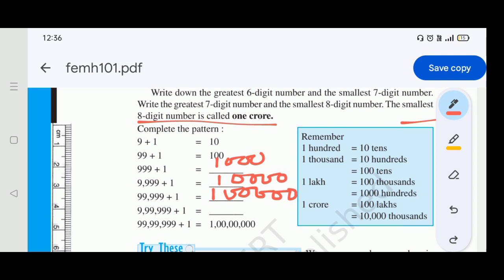Next, 9,99,999 plus 1 is 10 lakhs. Next is 99 lakhs 99,999 plus 1 is 1 crore.